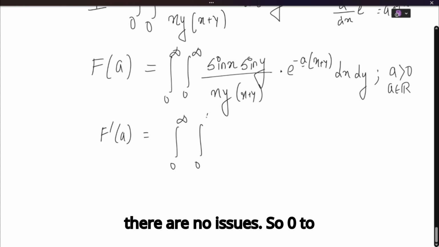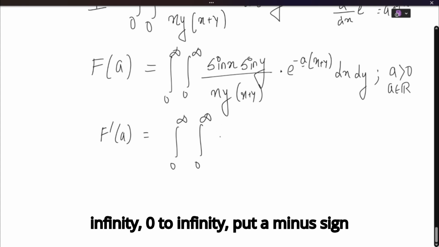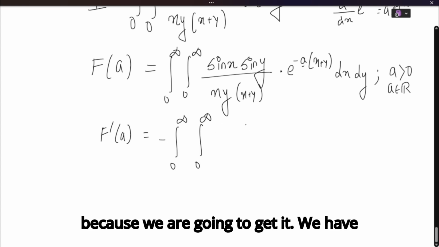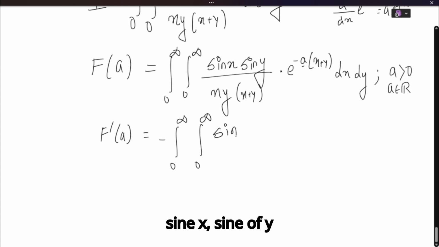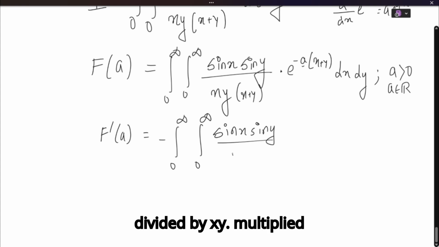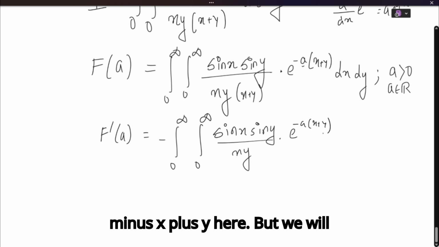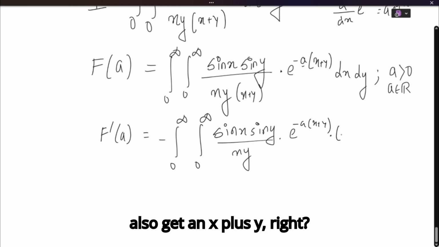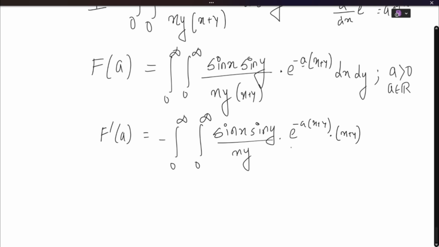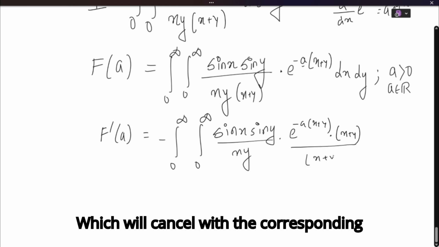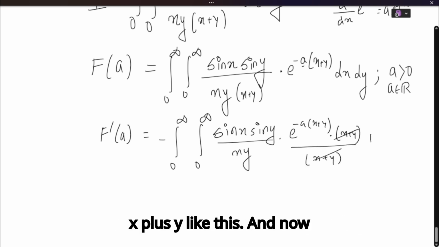There are no issues. So 0 to infinity, put a minus sign because we are going to get it. We have sine x, sine y divided by xy multiplied by our usual e to the power minus a into x plus y here, but we will also get an x plus y, which will cancel with the corresponding x plus y like this.